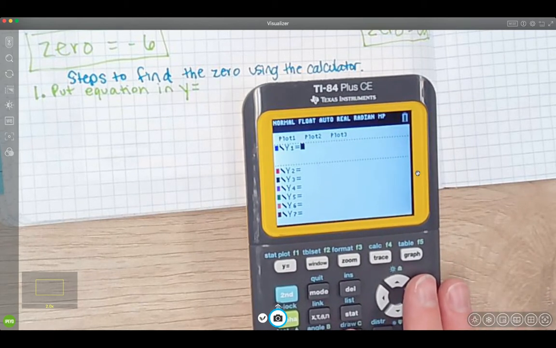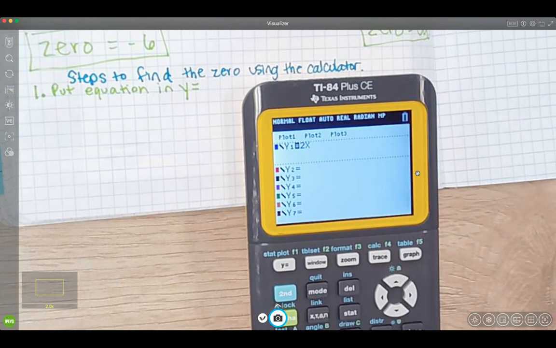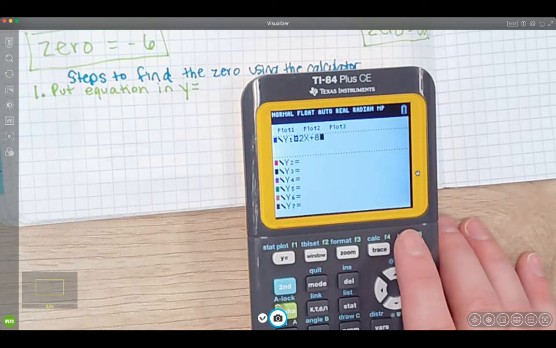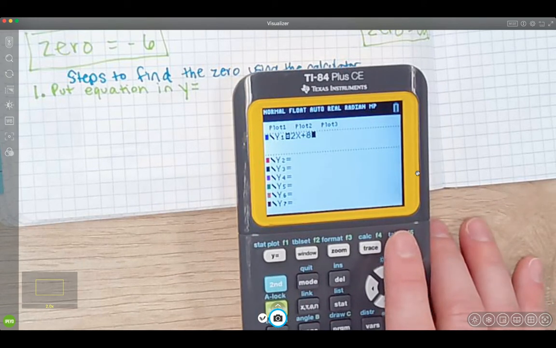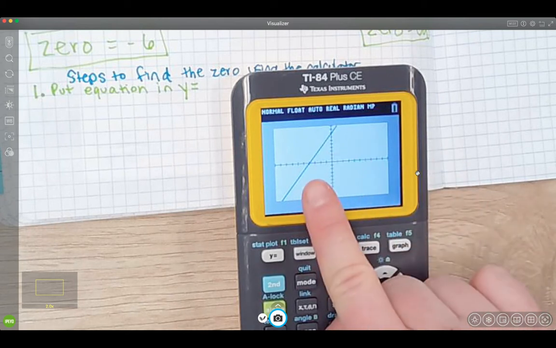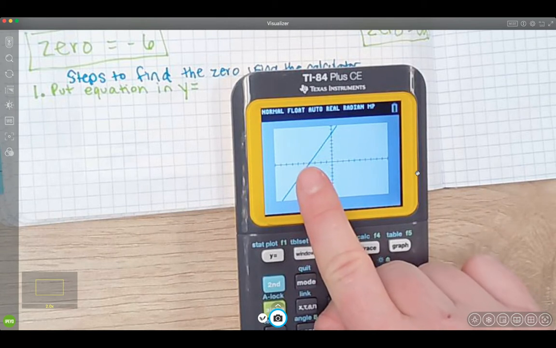So we're going to put in the first equation, 2x plus 8. We're going to go to graph. So we just have 2x plus 8. Hit graph. Okay, so it looks like our 0 or our x-intercept is right here.